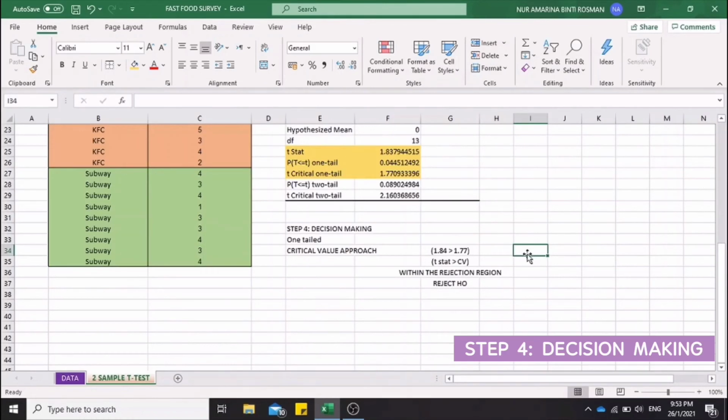Why you have to reject H0 here, I will show you. If the statistic is bigger than CV, you have to reject H0.